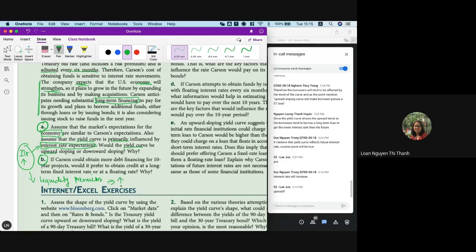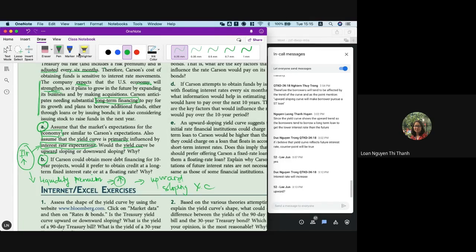So higher return here, higher interest rate and higher liquidity premium. Upward sloping, okay? Higher rates for longer-term maturity because the firm raises long-term financing. Need long-term financing.